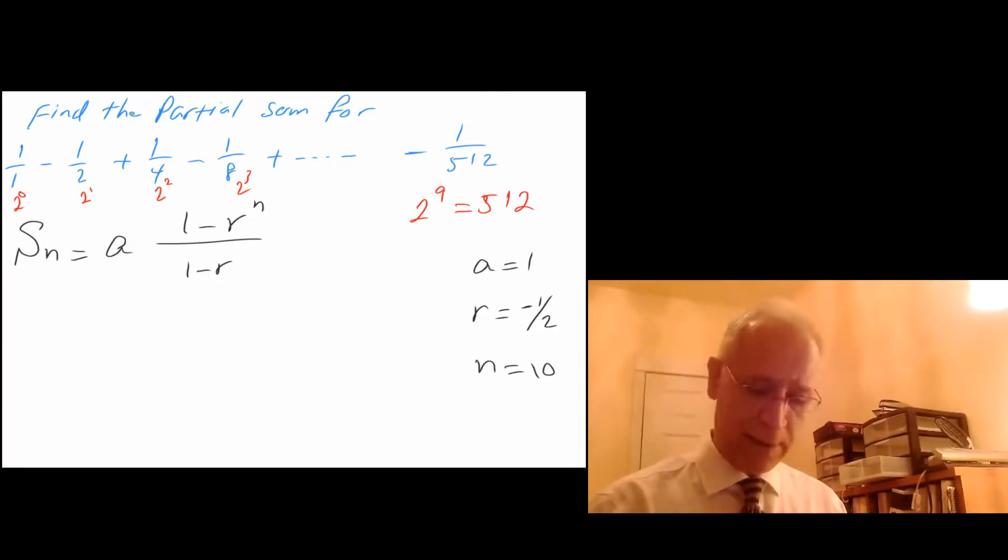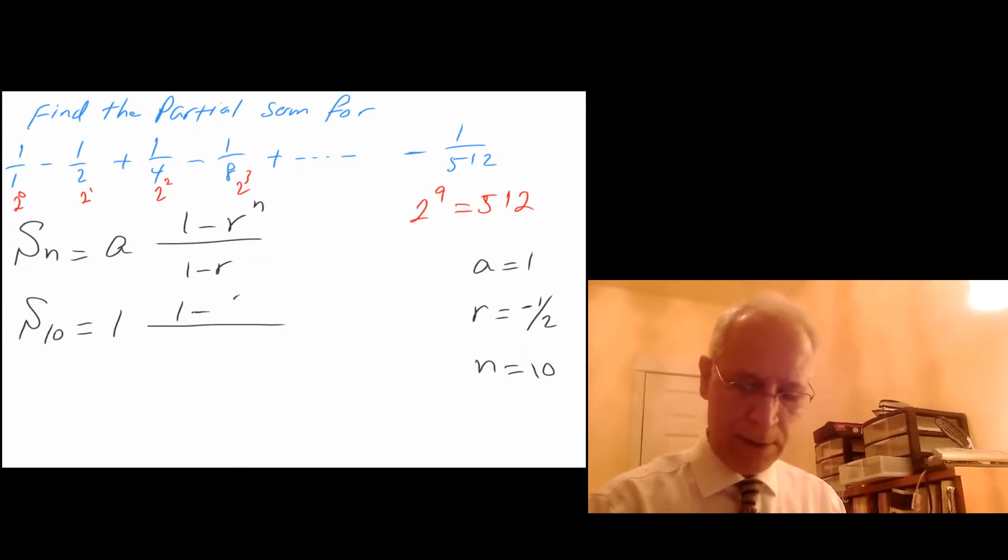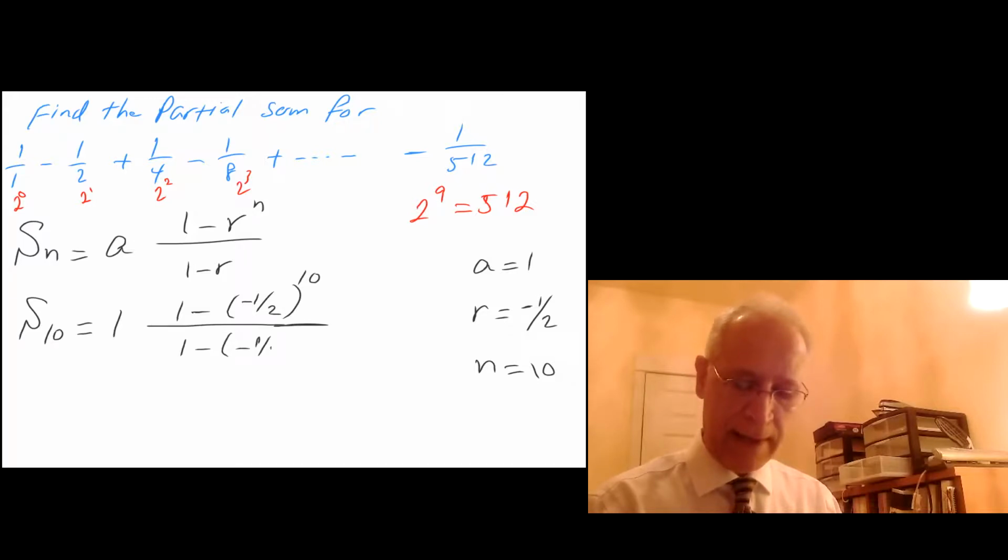So let's go ahead and plug that in. And we have S sub 10 equals 1 times 1 minus negative 1 half to the power of 10 all over 1 minus negative 1 half. Let me give myself a little bit of room here. I may need it.